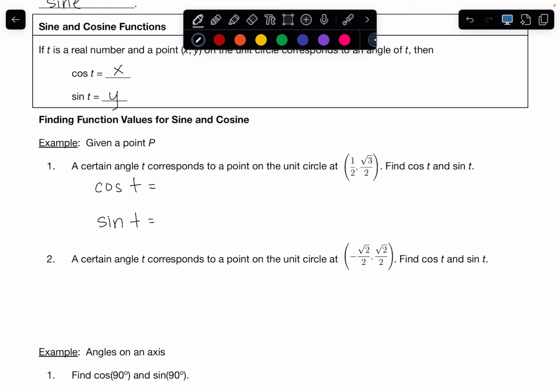We know that ordered pairs on the unit circle are cos comma sine. What is the value for cosine for angle T? 1/2. 0.5. Perfect. What is the value for sine? Square root of 3 over 2.